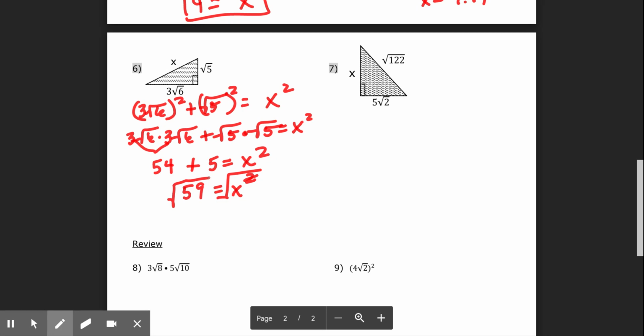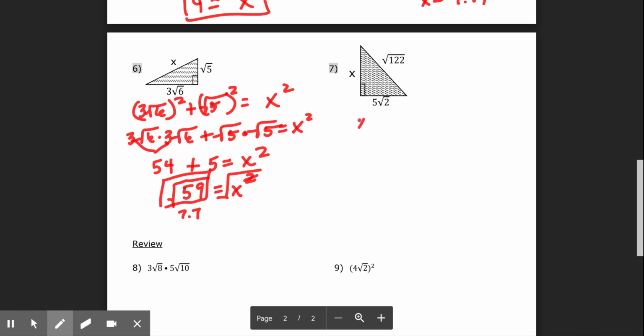So just leave it as x equals the square root of 59 right here. But just to determine if you are in the ballpark, it does have to be more than 3 square roots of 3. All right, number 7.